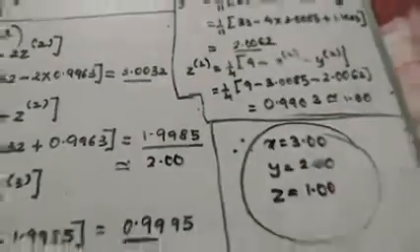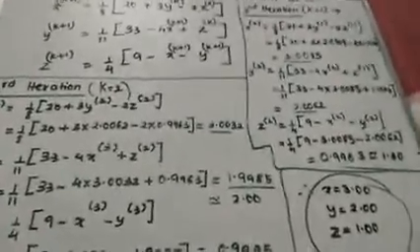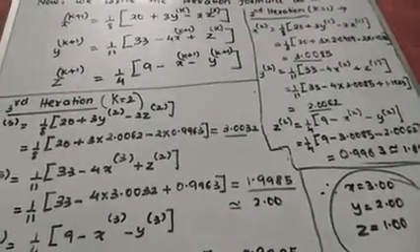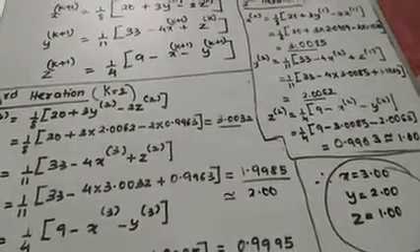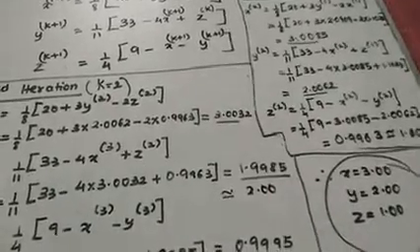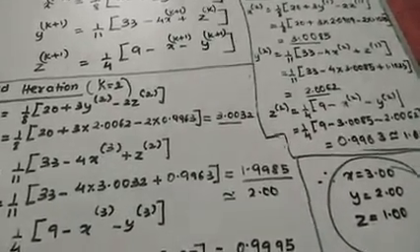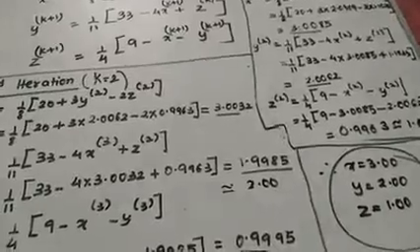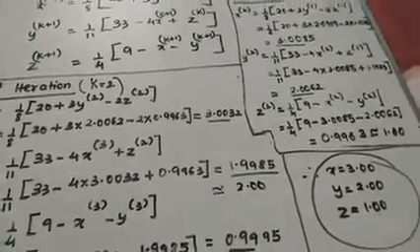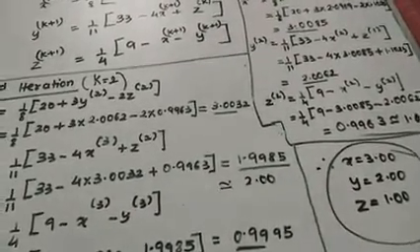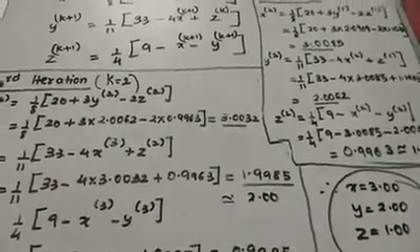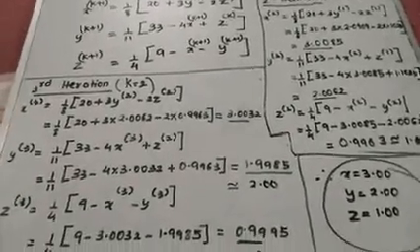So see, we got our answer in the third iteration step, while in Gauss-Jacobi we have to go up to the 9th or 10th iteration. So this is a difference. In the Gauss-Seidel method we use the cyclic procedure, so that's why the number of iterations decreases. So this is all about the Gauss-Seidel method.